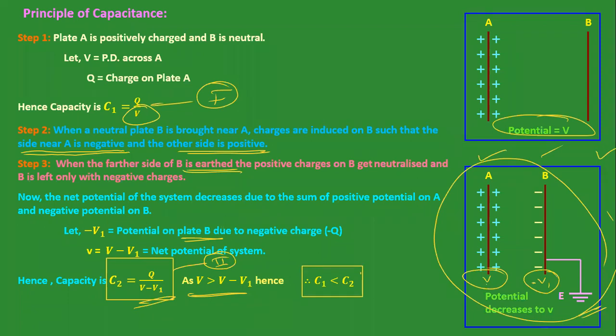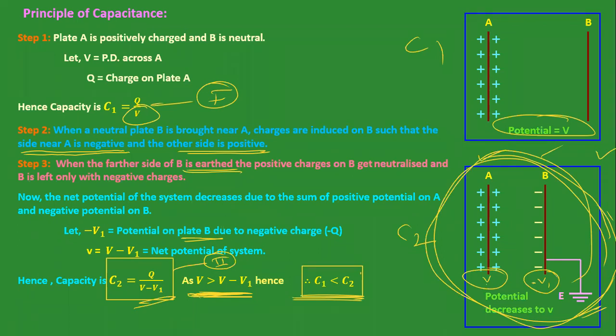Because this V is greater, C1 is less. So we get C1 less than C2, which means the capacity has increased. Here the capacity is C1, and for this combination the capacity is C2. So when we arrange this type of conductor combination, the capacity increases.